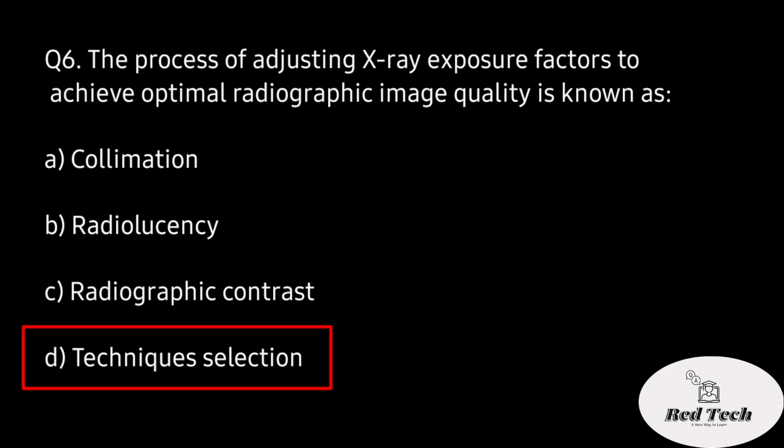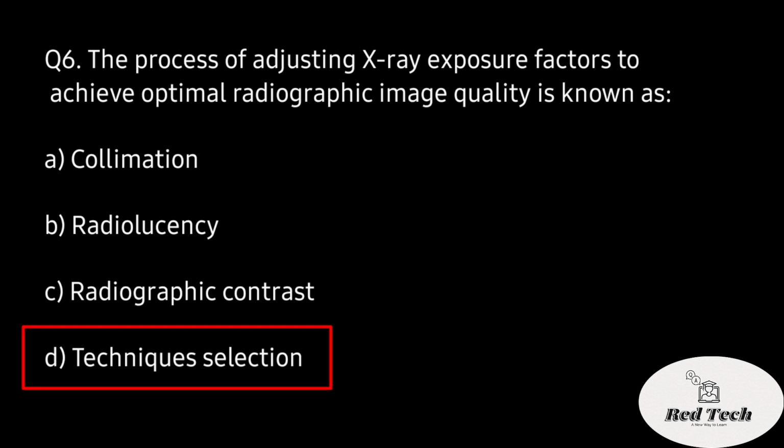A radiographer is the person who decides or adjusts the exposure factors to achieve radiographic image quality, by changing the kVp and mAs. In the modern era, in digital machines, there is no use of mAs and kVp changes.